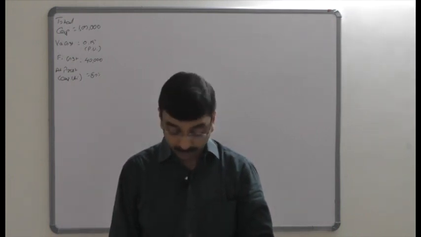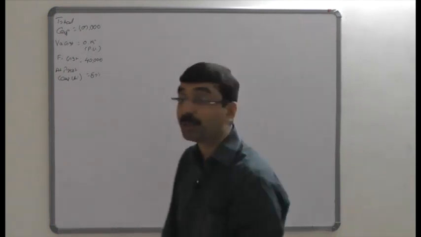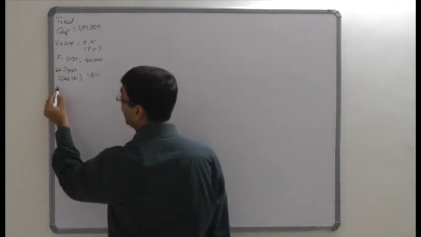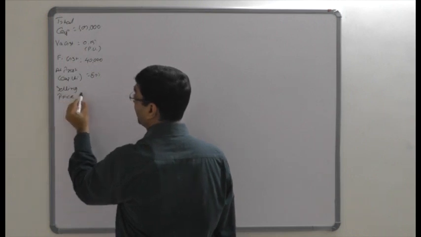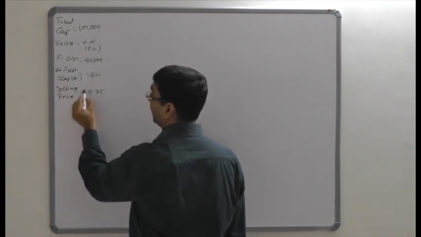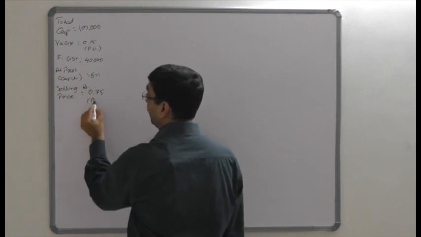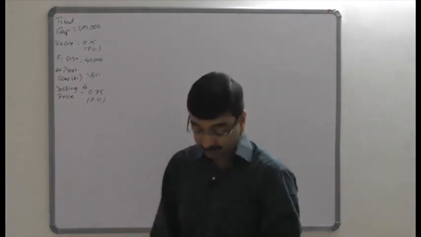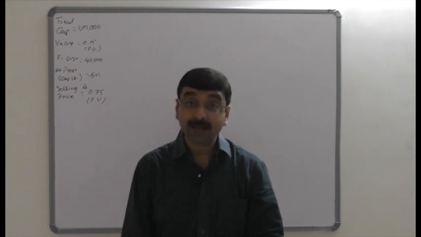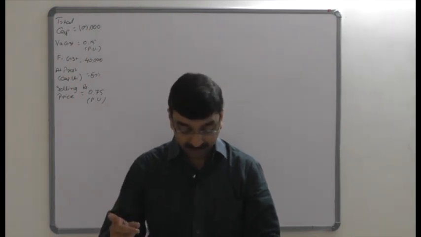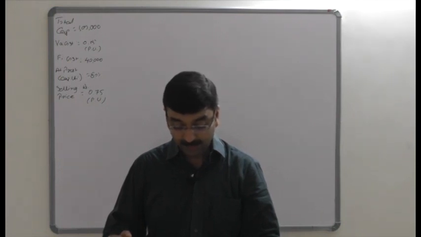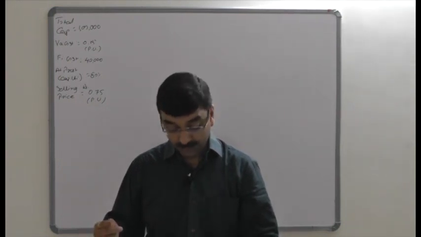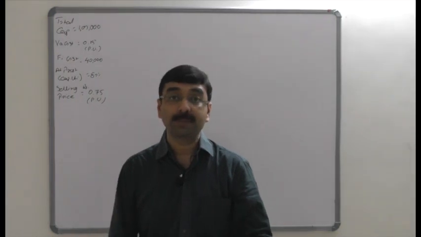The company has a fixed selling price of rupees 0.75 per unit. It means the company's selling price in the domestic market is rupees 0.75 per unit. Now the question begins: if the company receives an order from a foreign dealer to purchase the remaining production of 20% of capacity.